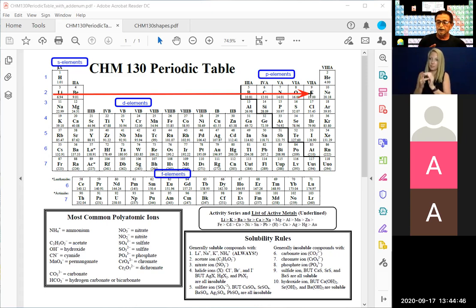And the first point, like I said, as we go from left to right, we start moving into the nonmetals that have a tendency to gain electrons much more so than metals, okay? As we go down the periodic table, the outermost electrons are further away and there's less interaction with the nucleus and therefore much easier to be removed, okay?